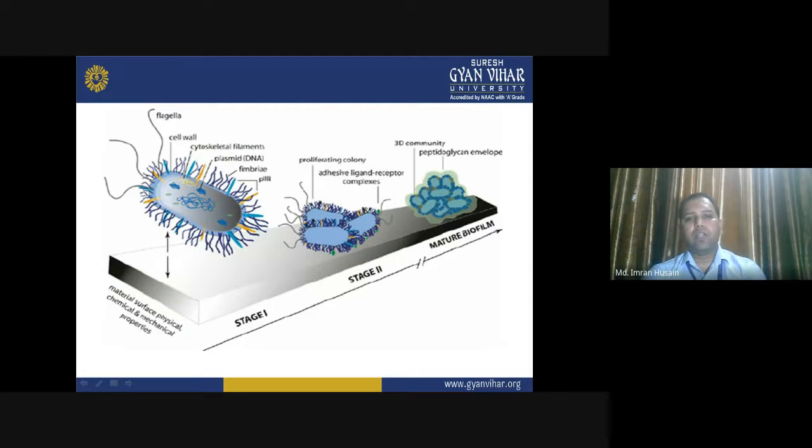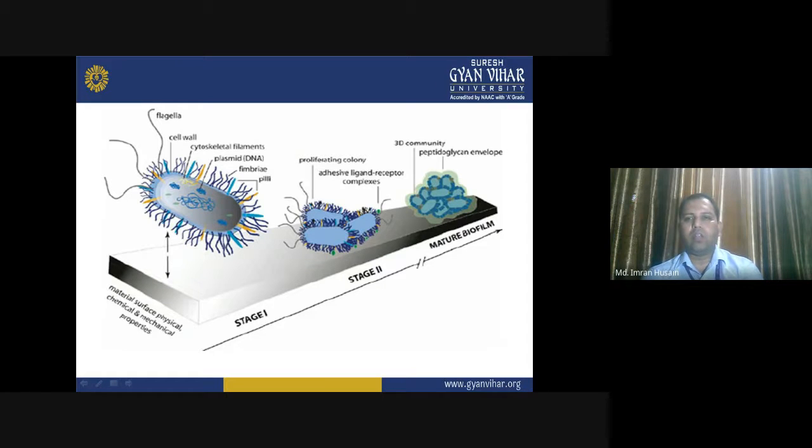So in this diagram, you can see the material surface, physical, chemical, and mechanical properties. Here you can see the bacteria. It is in stage one, and it is moving around freely. Stage two, it colonizes itself. The proliferated colony has adhesive ligand receptor complexes that are made up of protein, and it establishes itself due to the molecular level interaction with the host cell.